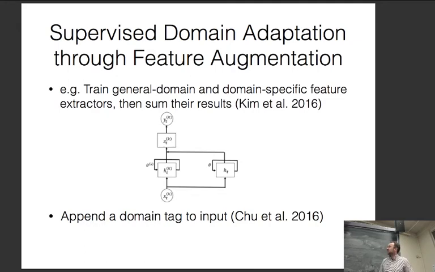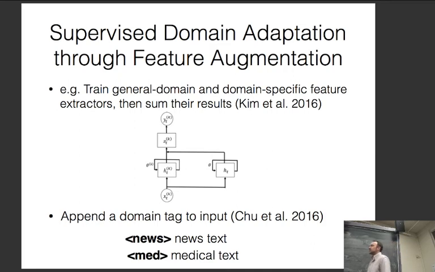Another way to do this, which is much easier, is to append a domain tag to the input. So we add the tag news before we get our news text, and we add the tag medical before we get the medical text, and hope that things will work out. This actually works really well for sequence-to-sequence tasks.